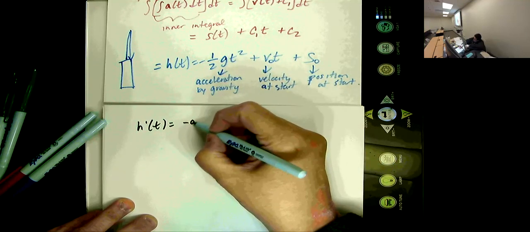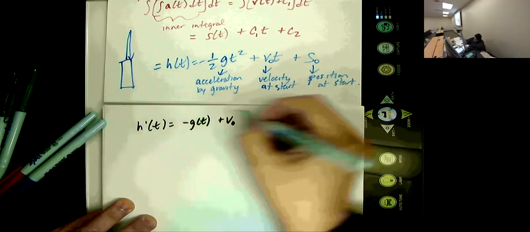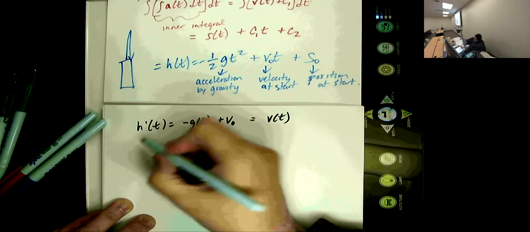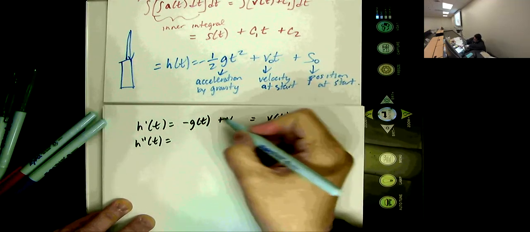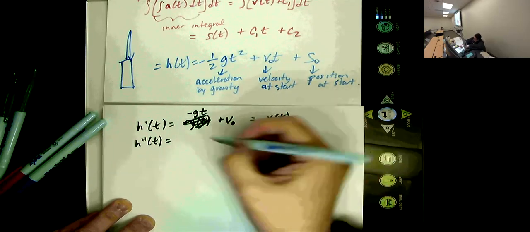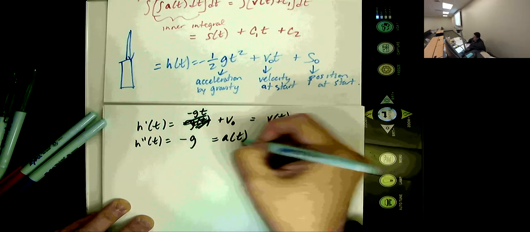We've got negative gt plus v naught, which would be v of t. And if I do it again, that shouldn't say negative g of t, it should say negative gt. Do it again, it's just negative g, which is the acceleration function.